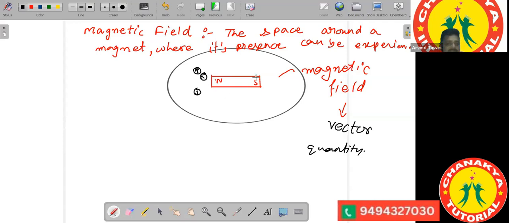So that means at this place the magnetic field has some direction, at this place the magnetic field has some direction. So the magnetic field at every place has different directions, right?